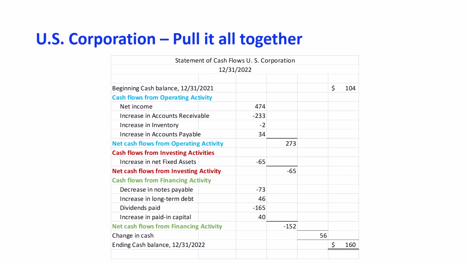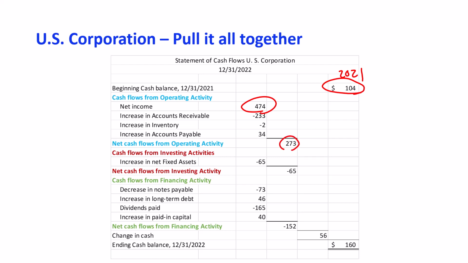So you usually in the statement of cash flow start with the beginning cash balance. So this is the 2021 cash balance. You add the accounting profit or net income to this cash balance, and then subtract the uses of cash and add the sources of cash. So from operations, you have this.